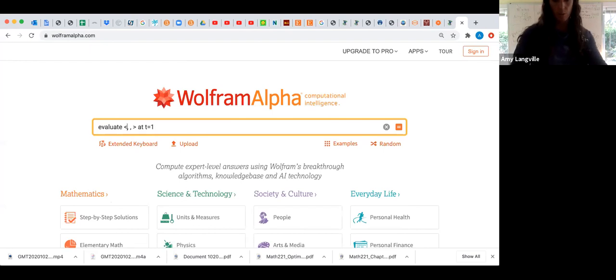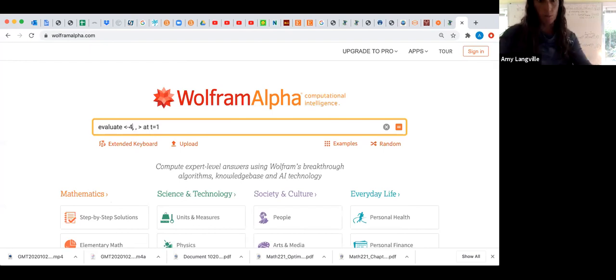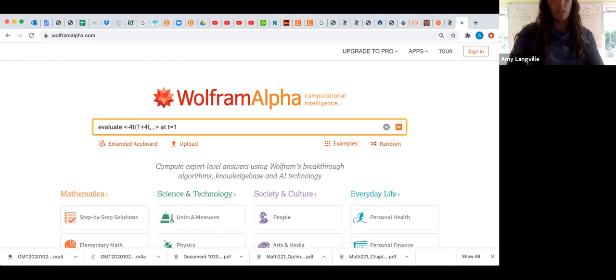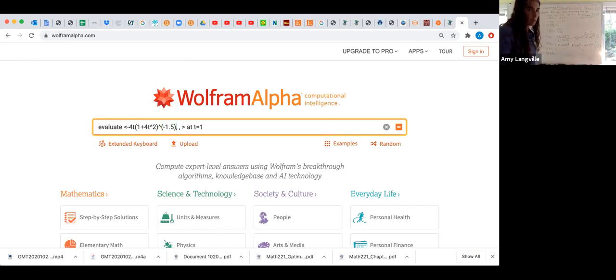So the first component was minus 4t times 1 plus 4t squared, all up to the minus 1.5 power. Check that that first component is correct, minus 4t, 1 plus 4t squared to the minus 1.5.